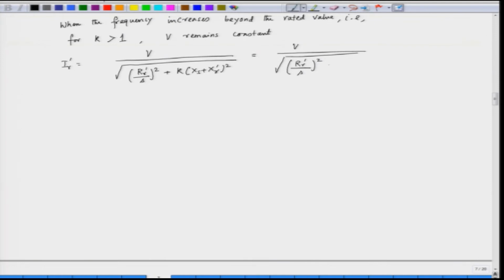So, this part, x s plus x r prime, is neglected; we ignore this part with respect to this.